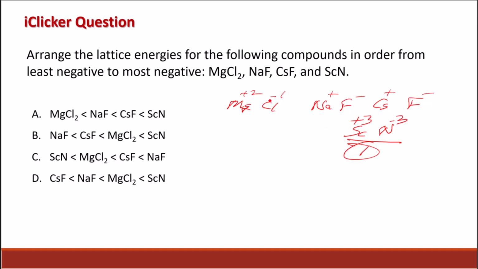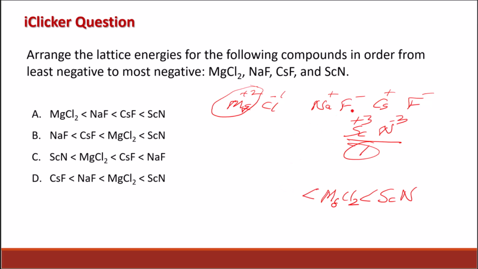The next one, I'm going to look because of magnesium's +2 charge. It's also smaller than sodium. So right now, this is what I'm thinking. Scandium nitride has a higher lattice energy, higher melting point, harder to break apart than magnesium chloride, which is going to be next on the list.